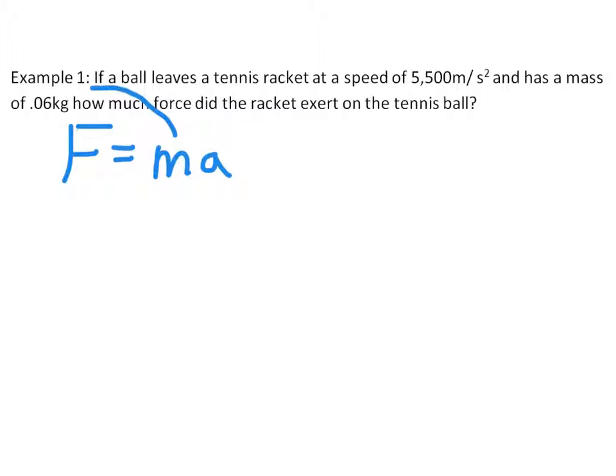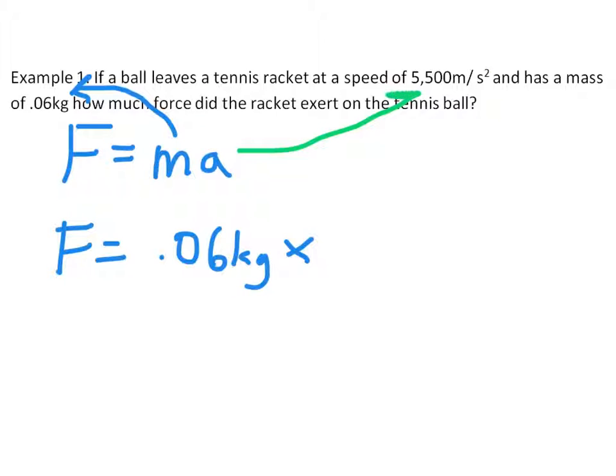And our mass, it says the tennis ball weighs 0.06 kilograms. So we're going to put F equals, and we'll put 0.06 kg times the acceleration. So the acceleration from the problem said that acceleration is 5,500 meters per second squared.